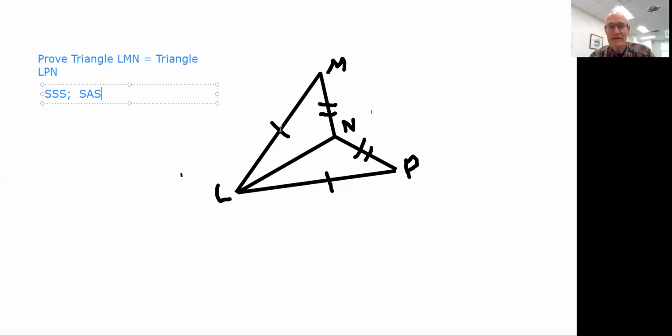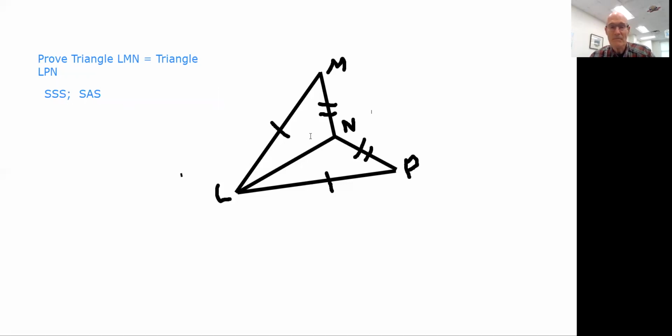What I have here is one pair of sides, LM and LP, and a second pair of sides, MN and PN. My third side is right down the middle, and it's the same side for both triangles. So that's reflexive.